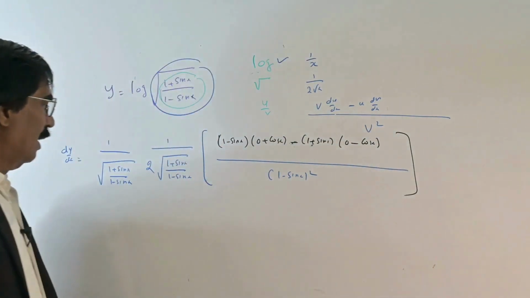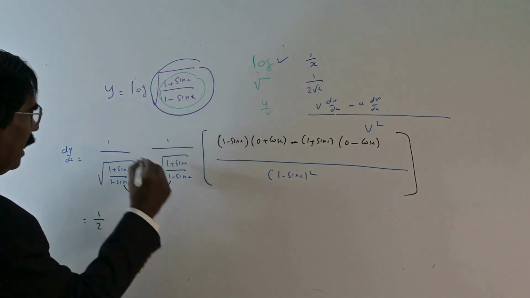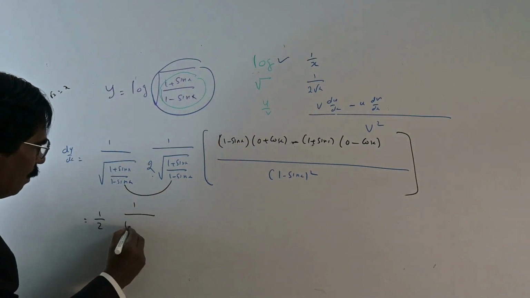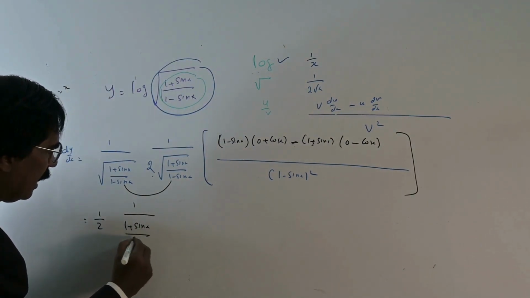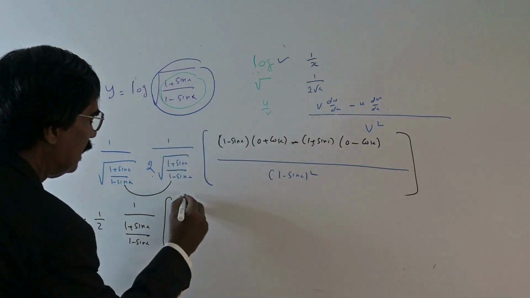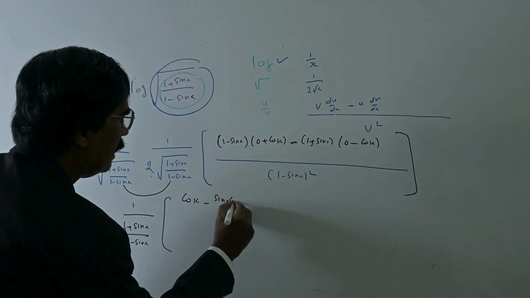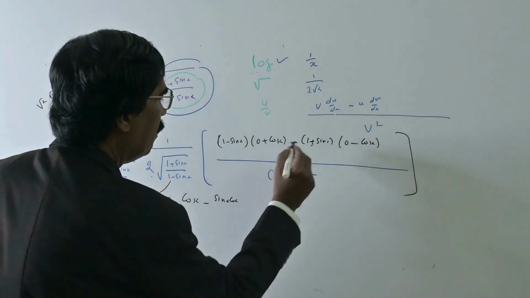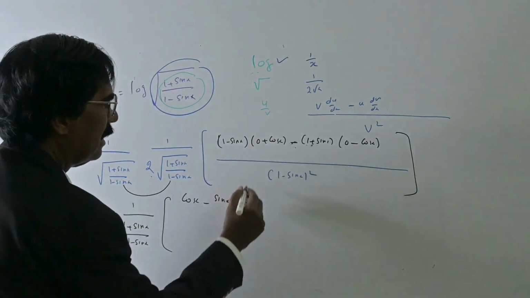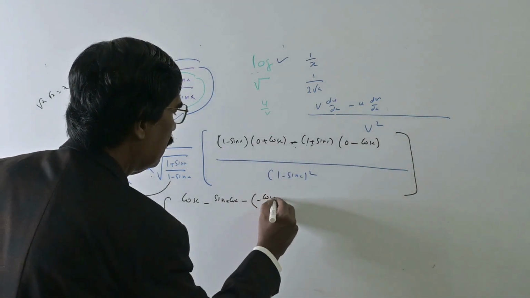Close the bracket. Now look, this 1 by 2 taken out. Here you see root x into root x, x. So this becomes simply 1 plus sin x by 1 minus sin x. 1 into cos x, expanding, cos x minus sin x cos x. Then listen, here minus, so minus sin x cos x, minus 1 into minus cos x, minus cos x.